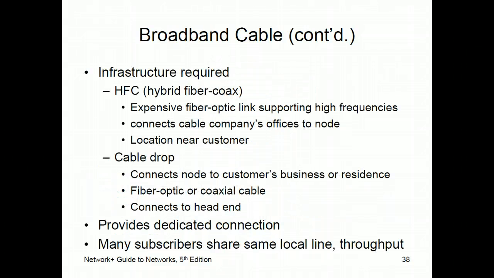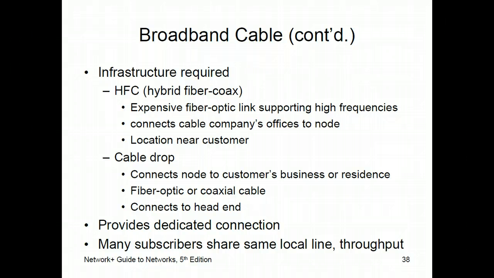The infrastructure for this coming into the building or the complex is going to be what's called hybrid fiber coax. Basically it's an expensive fiber optic link supporting high frequency data. It connects a cable company like a Comcast office to the node in that area. Okay, and that node is generally going to be a box, like a metal box, mounted to a telephone pole with multiple connections.